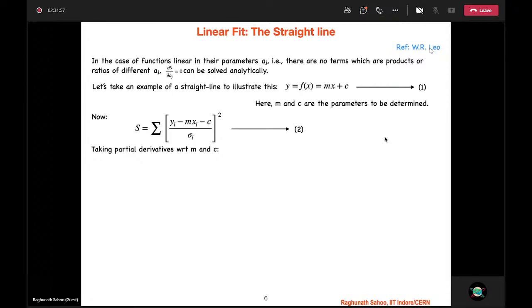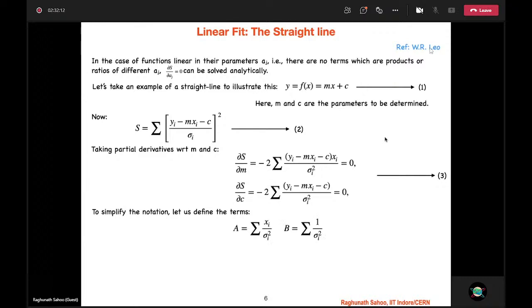So now your S can be defined as the sum over i of (y_i minus m x_i minus c) divided by sigma_i, squared. So I take the partial derivatives with respect to m and c, set them to be 0, and to simplify the formula I redefine what is my a and what is b in terms of x_i and sigma_i squared, so that my formula becomes easier.